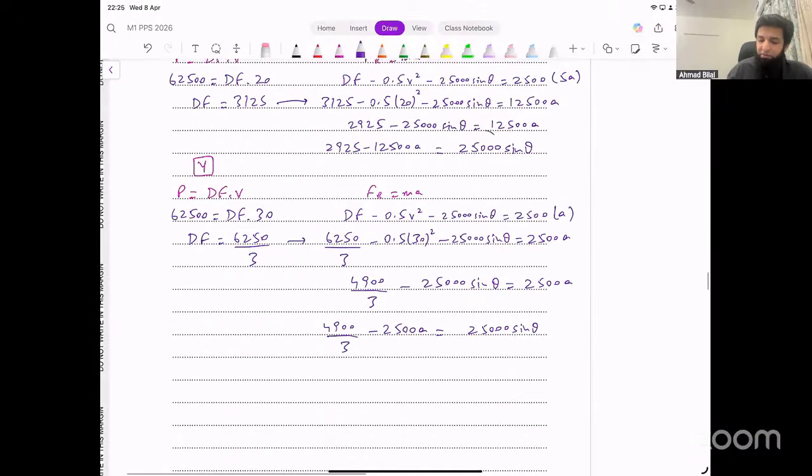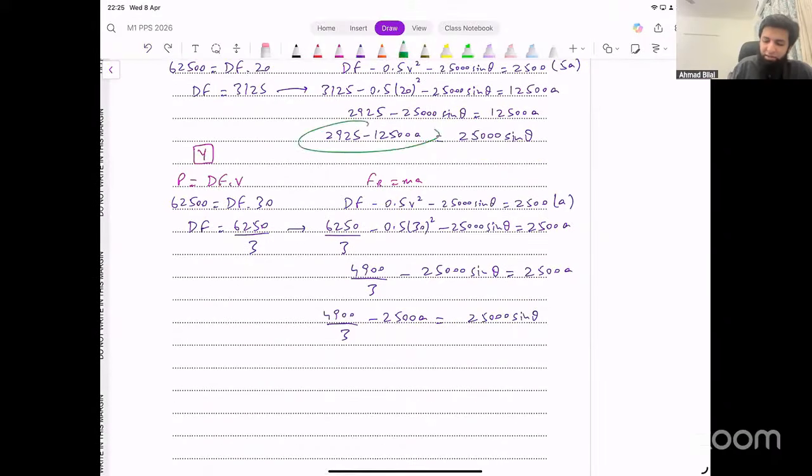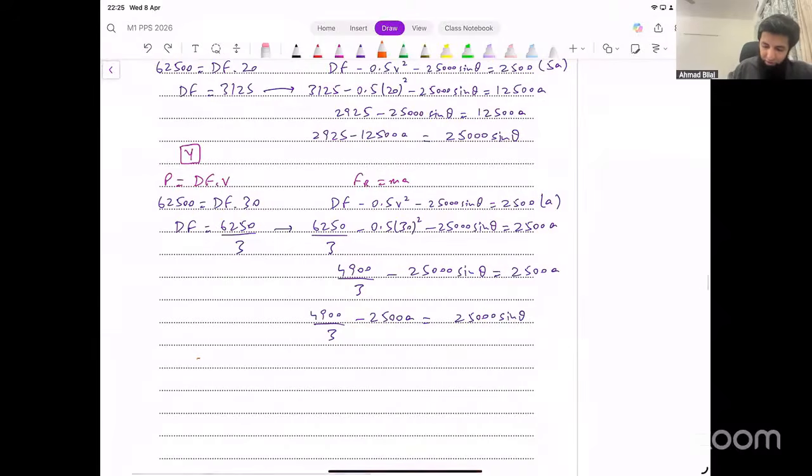Now we've got 25,000 sin theta on one side of these equations. So we can just equate the other sides. Equate both of them, or you can divide by 25,000 and then equate both of them. That's the same thing. Now, what do we get from this? 2925 minus 12,500a equals 4900 divided by 3 minus 2500 times a. And I can find the value of a from this.